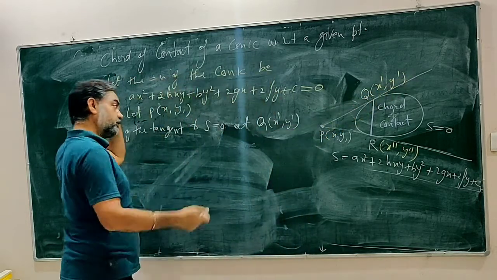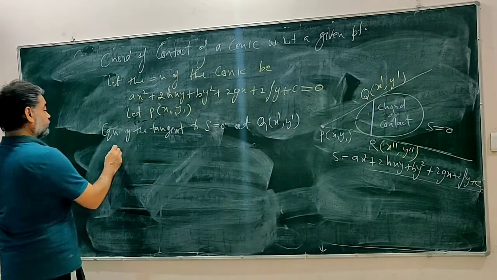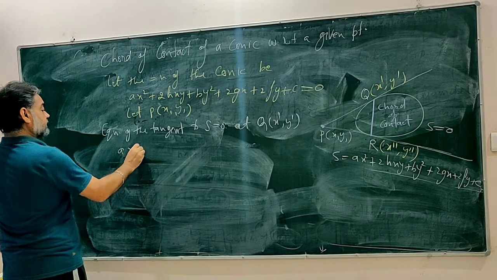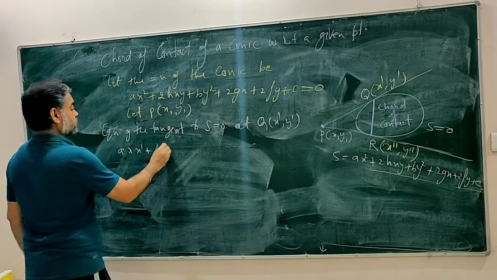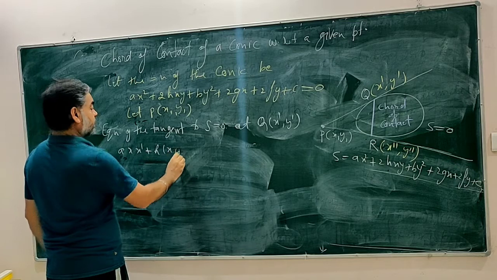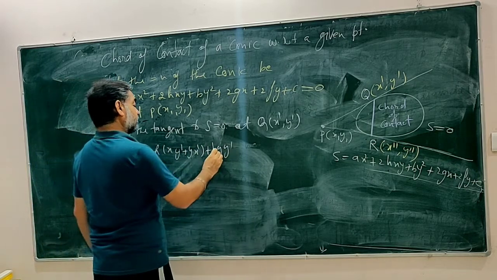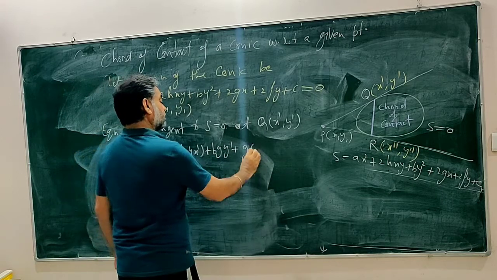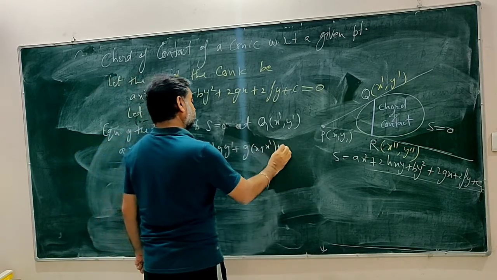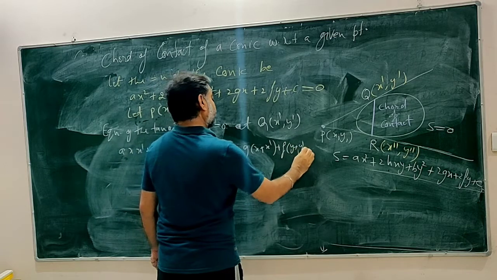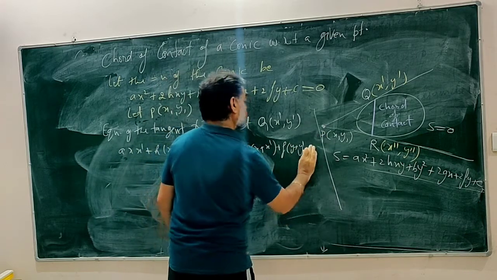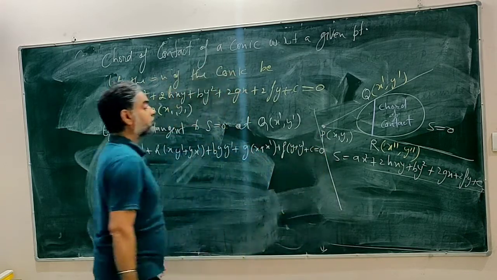The equation of the tangent is T equal to 0, which you can write as axx dash plus h(xy dash plus yx dash) plus byy dash plus g(x plus x dash) plus f(y plus y dash) plus c equal to 0.